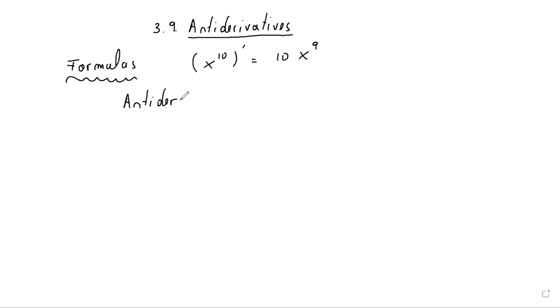If we want to read with antiderivative language, because this is really a language that we're learning here, the antiderivative of 10x to the 9 is x to the 10. But how about if somebody asks, what is the antiderivative of just x to the 9?